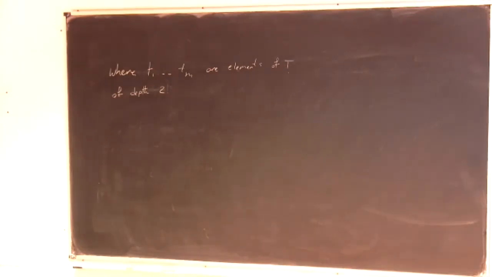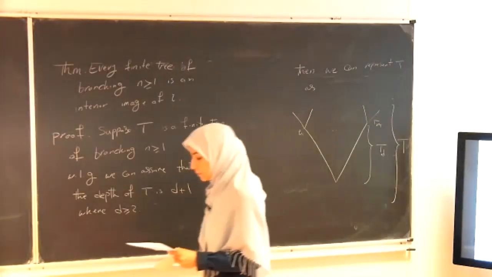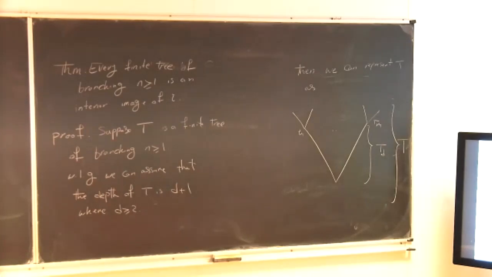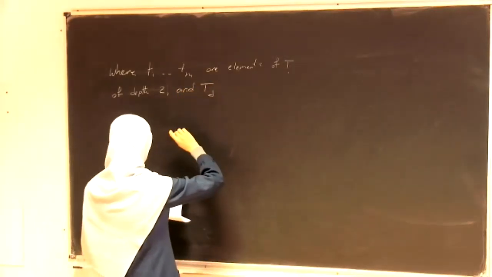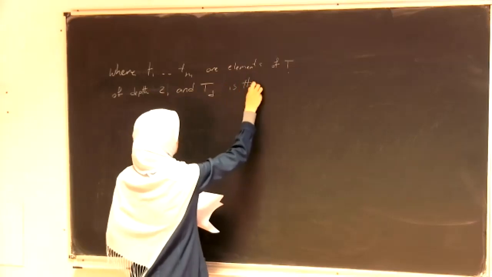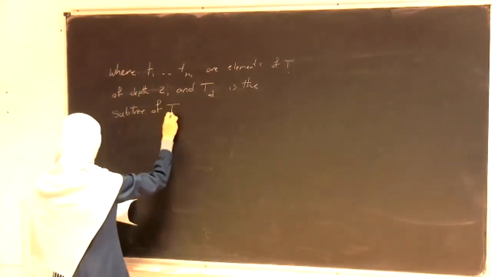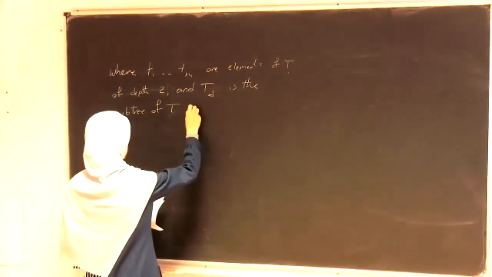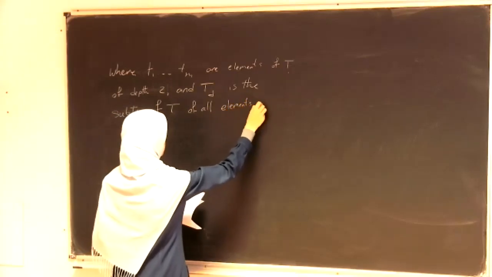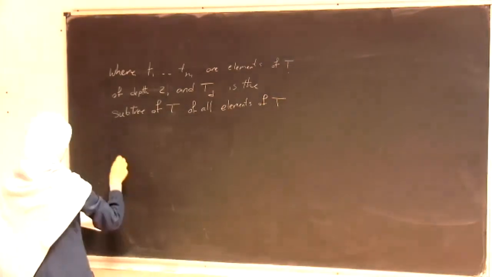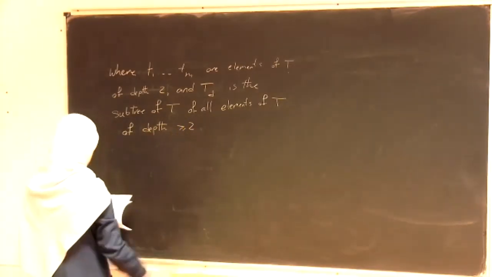These are trees of depth 2, and they are the remaining part of the whole tree T. And T_d is the subtree of T of all elements of T of depth equal to or bigger than 2.